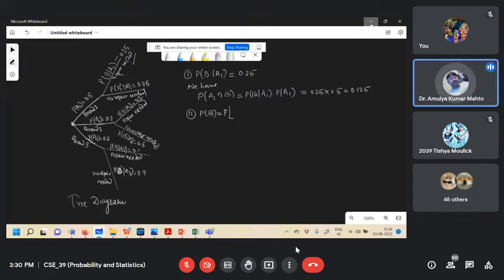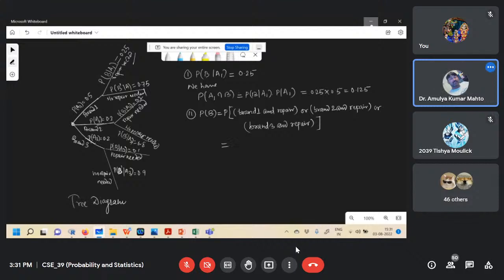So this may be the scenario that it is a brand one product and needs repair. This is the first scenario. Or it may be a brand 2 DVD and needs repair. Or the third scenario may be it's a brand 3 product and needs repair. So these are the three scenarios that you have.